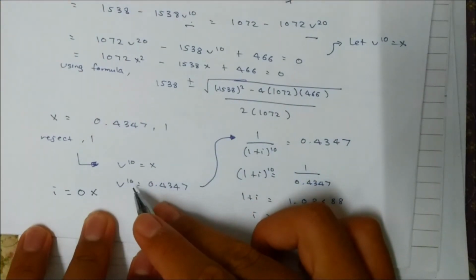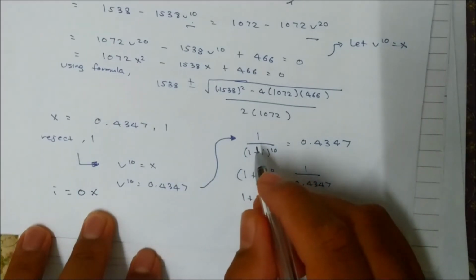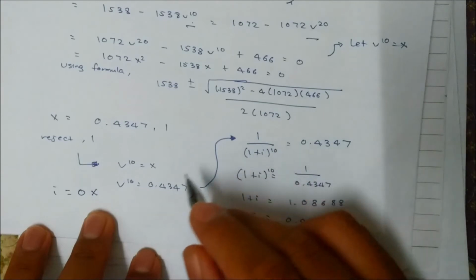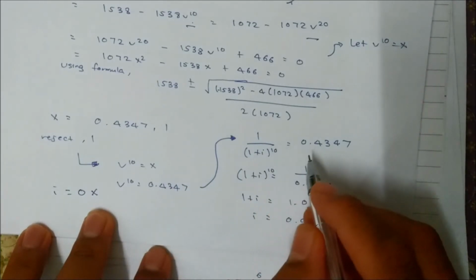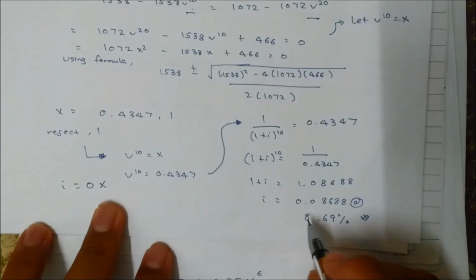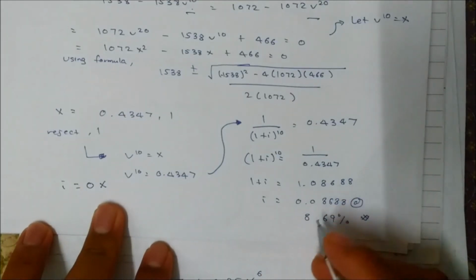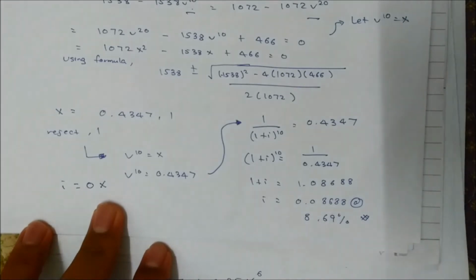Substitute v with the value in terms of 1 plus i, which is 1 plus i to the power of negative 10. The expression will become like this. Rearranging the equation, we get i equals 0.08688, or to be precise, 8.969%.